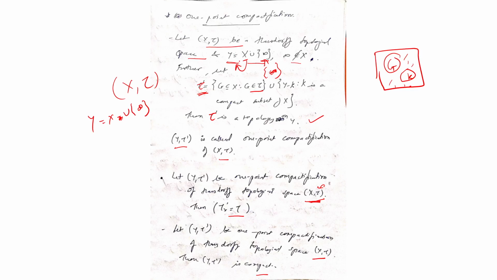Whatever we have formed is compact also, so this is said to be a one point compactification of X, tau.